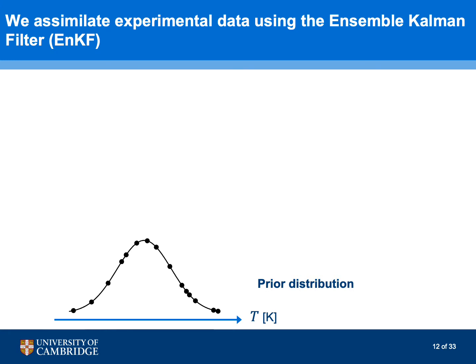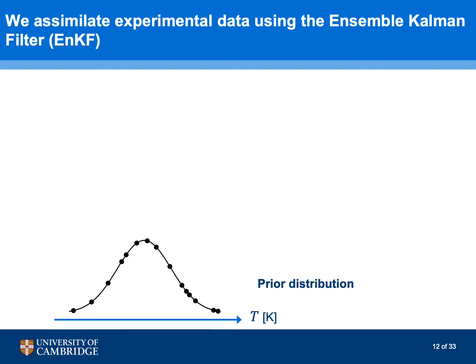We perform data assimilation using the ensemble-Kalman filter, which in the simplest case works in the following way. We start from a prior distribution based on our knowledge, for example a Gaussian distribution, and then we take n samples where n represents our ensemble size.